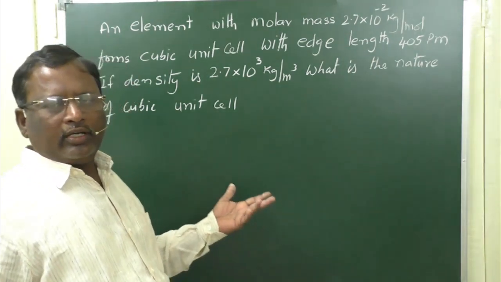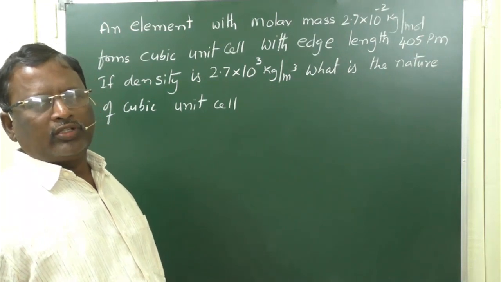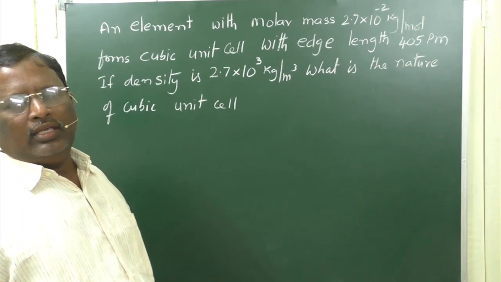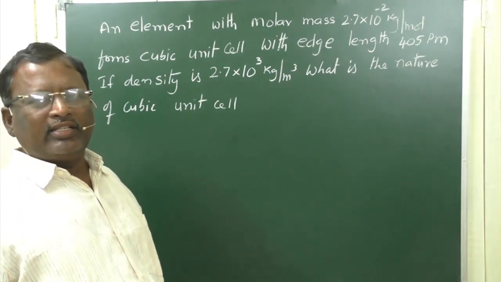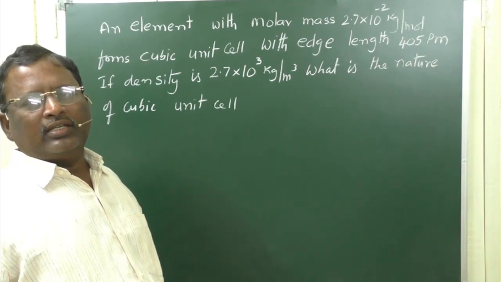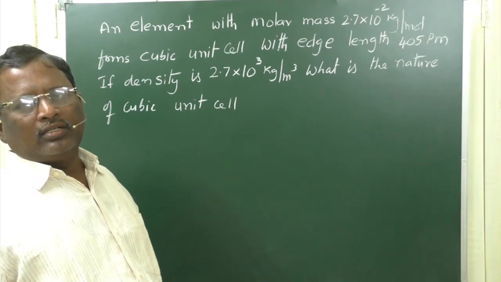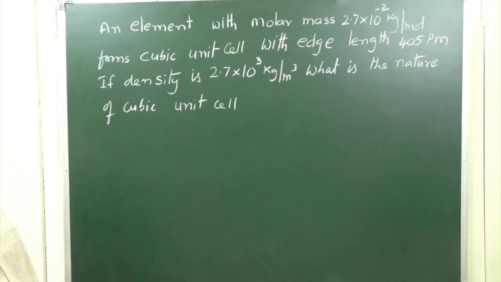So, we can do this problem as usual with those units only, without changing them. If we know the edge length, molecular weight and density, and number of atoms present in a unit cell, we have a direct formula to calculate it, that is density D is equal to Z into M by A cube into N.